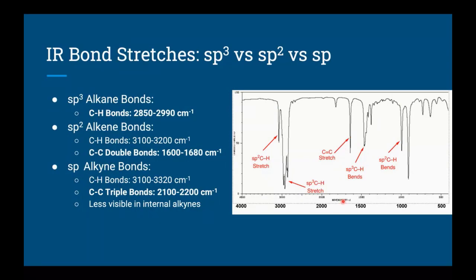Those are not on this image, but they're going to be around 2100, right where this line is. Something to note is that they tend to be below 2200, and this is not a fact you need to know, when you look at cyanides, those also have carbon-nitrogen triple bonds. They are going to have bond stretches above 2200. So you're just going to be looking for a line over here.